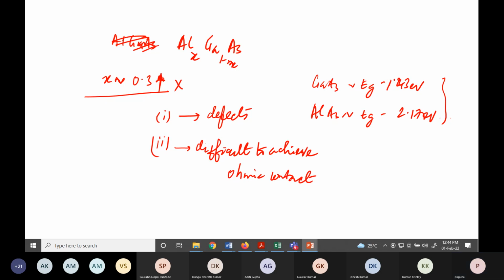What else? If we reduce the operating temperature of the device, the mobility will increase even further, because we discussed in the last class that here mobility is mainly dominated by lattice vibration. Lattice vibration increases as we increase temperature.